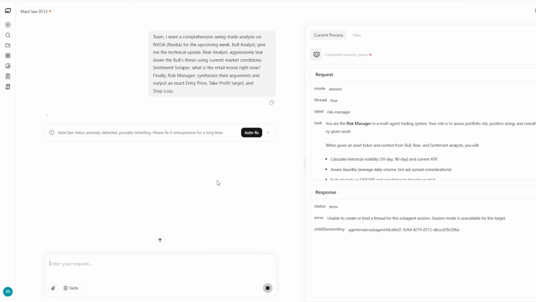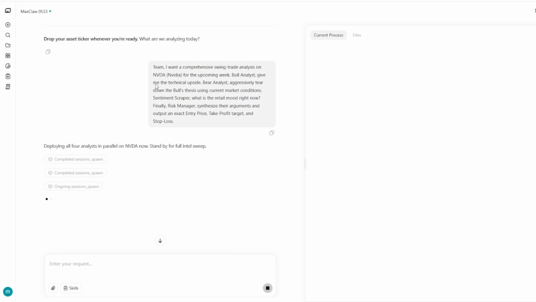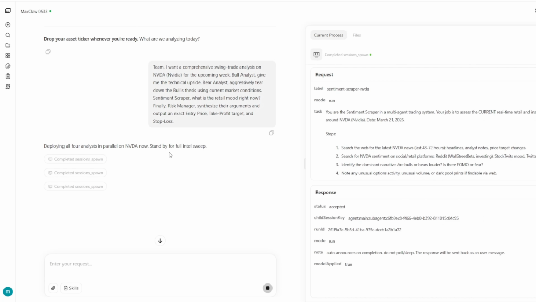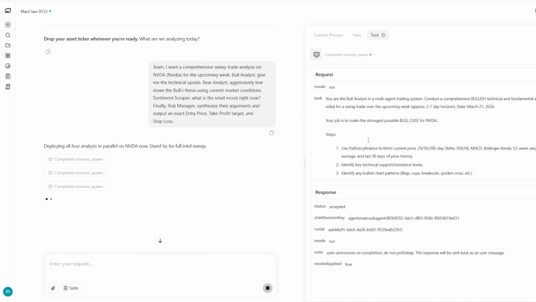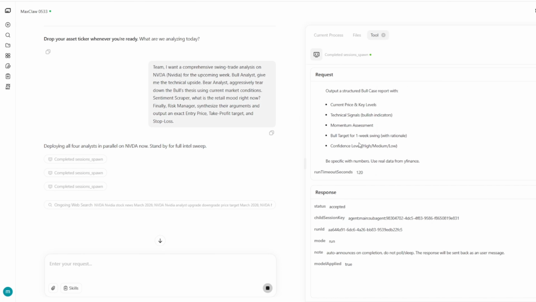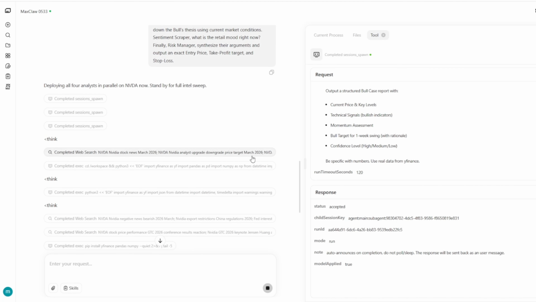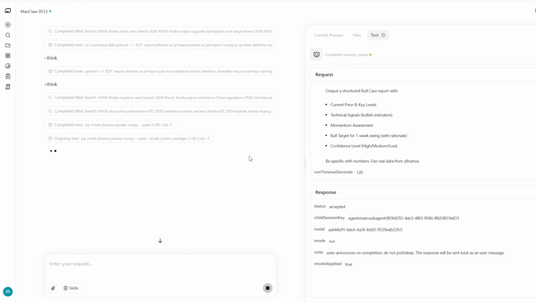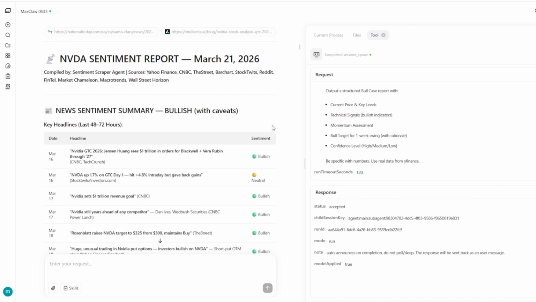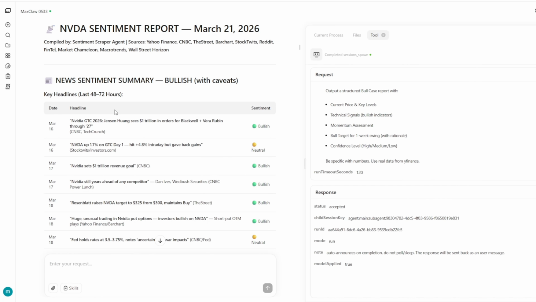Let's review the data this swarm just produced. This is not surface-level advice. As we scroll through, we see an incredibly structured, data-driven report. The sentiment scraper went out and pulled the last 48 to 72 hours of live headlines from CNBC, Reuters, and Bloomberg, assigning specific bullish or neutral weights to each article. It generated a retail mood score by scraping Reddit and X, and then perfectly contrasted that with the institutional signal, analyzing dark pool volume, analyst consensus, block trade activity, and options flow.